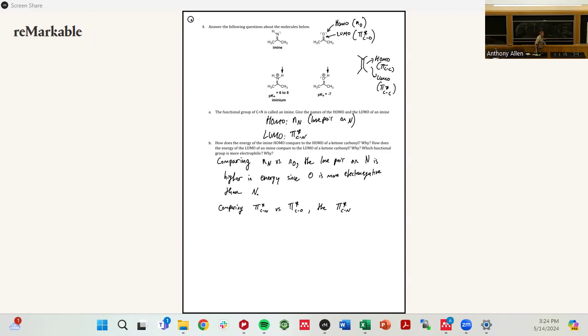So the 2p orbitals of boron are up here. The 2p orbitals of fluorine are down here. Everything else is in between.